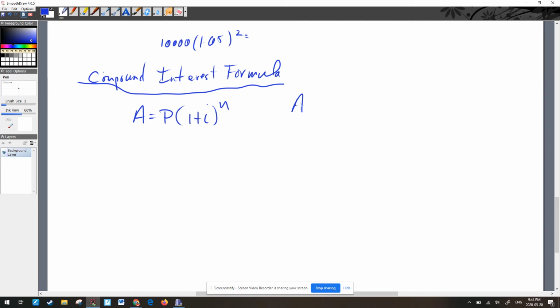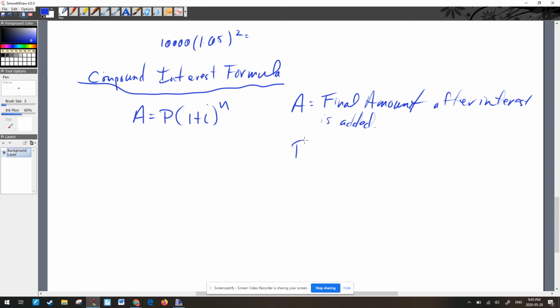So A is the final amount after interest is added. Okay, no problem there. It's how much we end up with. It's the final amount.